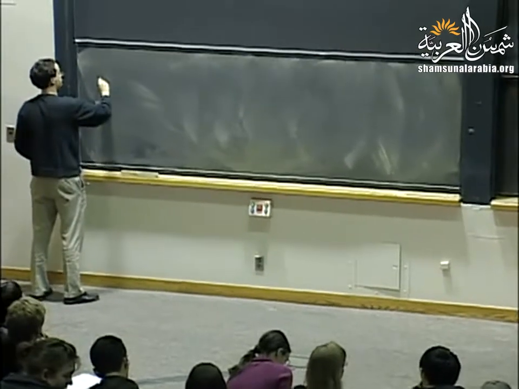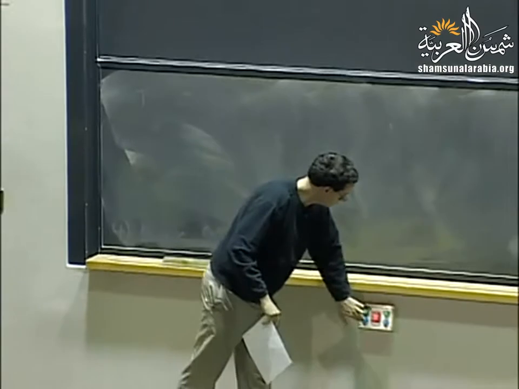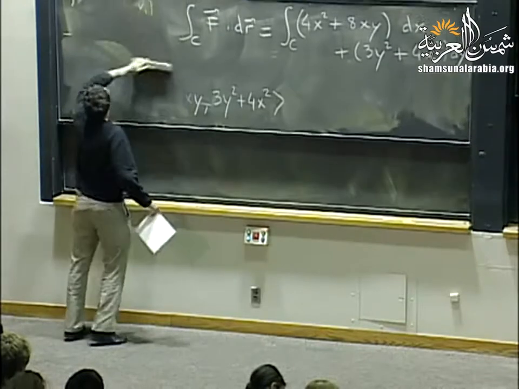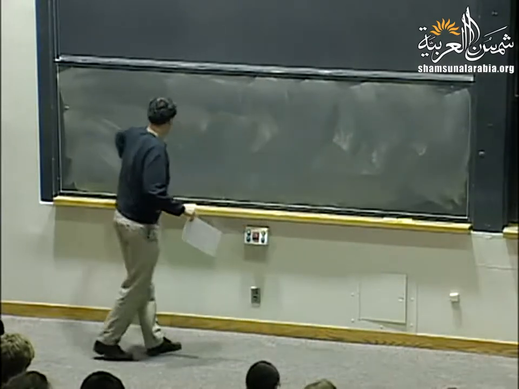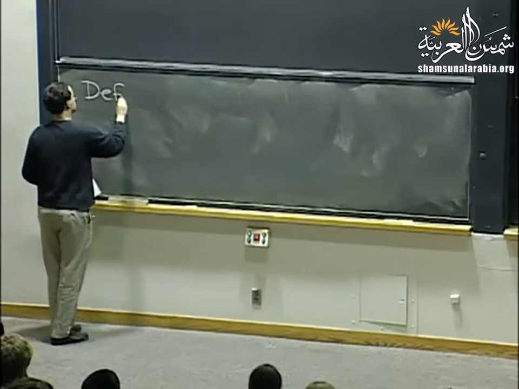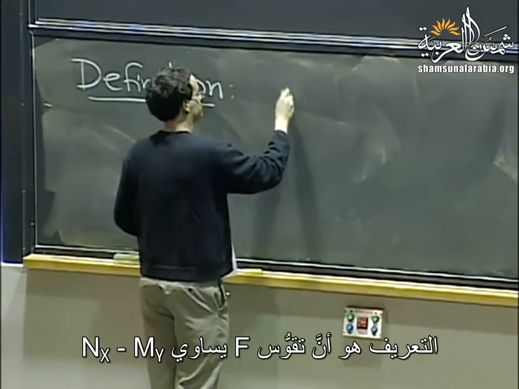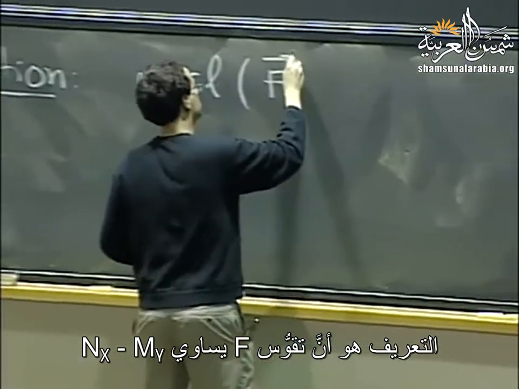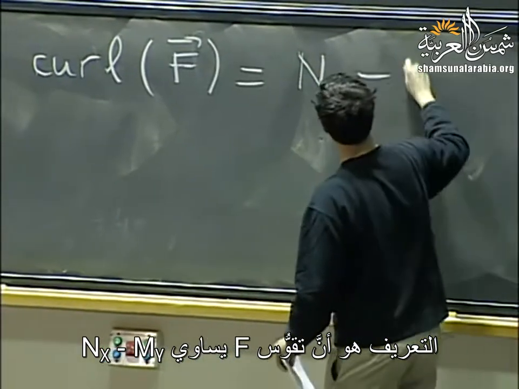For the definition, we say that the curl of f is the quantity n sub x minus m sub y.